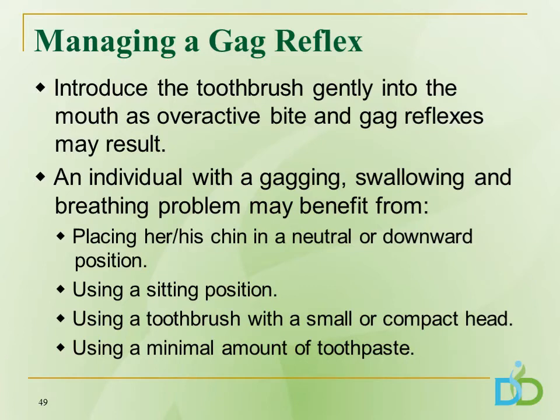The less material in the mouth, the less the likelihood of gagging. Also use a minimal amount of toothpaste. If the patient is unable to use toothpaste, then it would be best to dip the toothbrush in a rinse so that you don't have to introduce a lot of the pasty toothpaste or gel in the mouth. So remember to use the tell, show, and do method.